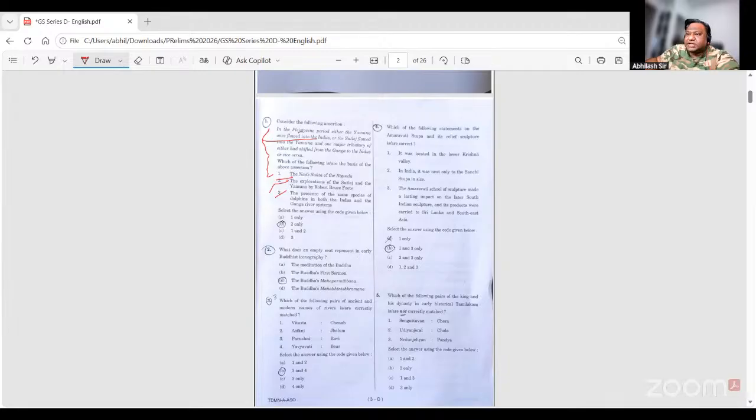So here we see that our first reading is always about which kind of subject. Here you can see that section D starts with ancient history, then again ancient history, ancient history, ancient history.